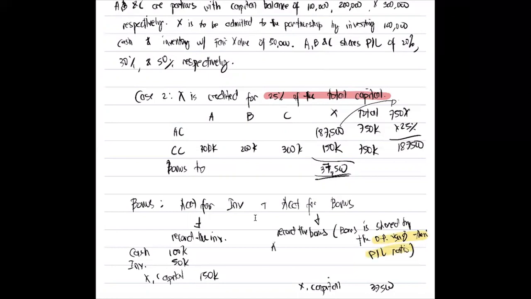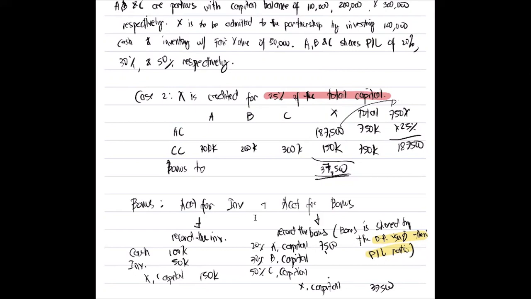So who are the old partners? A, B, and C. And what is the profit or loss ratio of the three partners? So A has 20%, B has 30%, and C has 50%. So you get the values. 37,500, get the 20% for A, so 7,500. And then we have your 37,500 again.